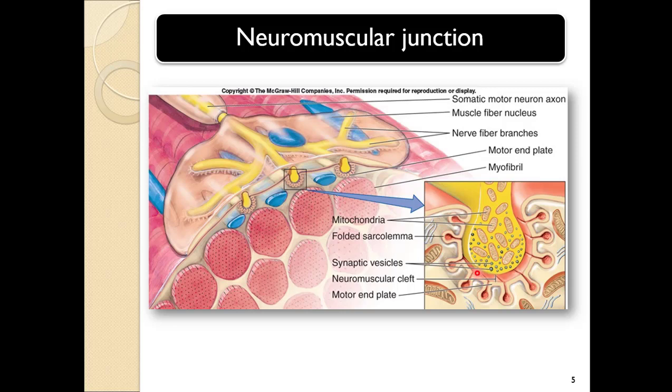They will be released into the synaptic cleft and then picked up by receptors on the other side. So these neuromuscular junctions are more complex than what we talked about before: the broad end plate allows more surface area to be touched by acetylcholine, and the neurons push into the sarcolemma to make even more surface area contact.